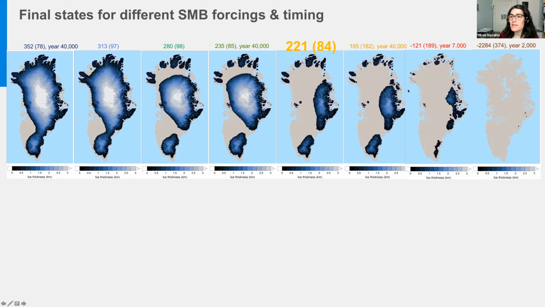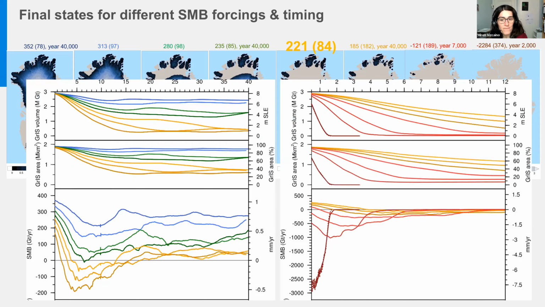Of course, for negative initial SMB, we are losing the ice sheet as well, and very fast. So here is 7,000 years, and here is 2,000 years. These green simulations are these two here.